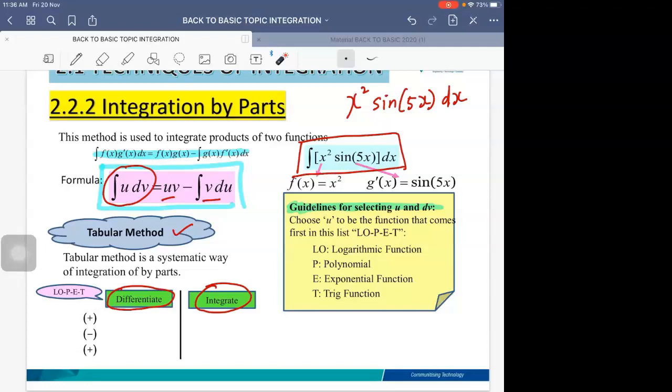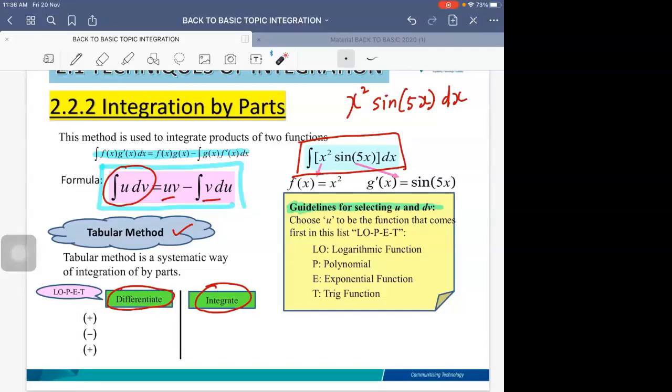When you look at your function, you must identify whether it is a logarithmic, polynomial, exponential, or trigonometric function in order to decide your u. This is the precedence order.